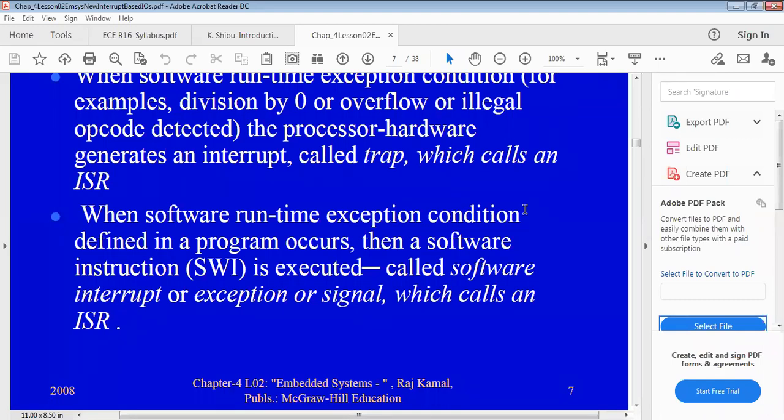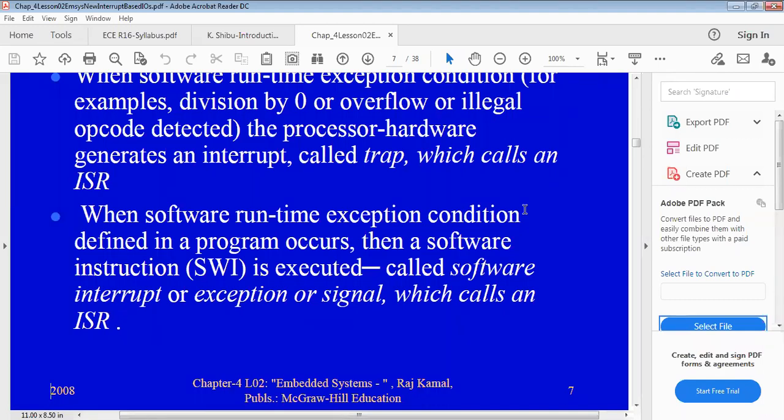Because see here, for software interrupts, when a software runtime exception condition occurs, for example, division by zero. Division by zero is one of the commonly available software interrupts, or overflow, or illegal opcode detected. Actually ADD is the common instruction.